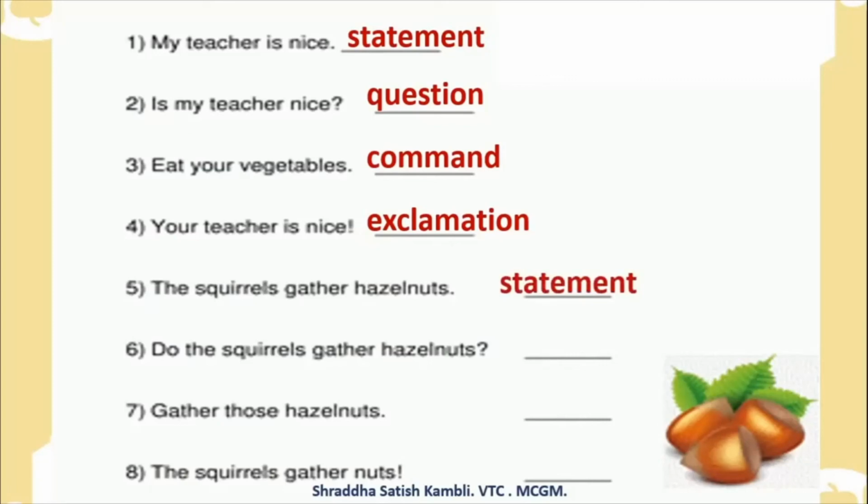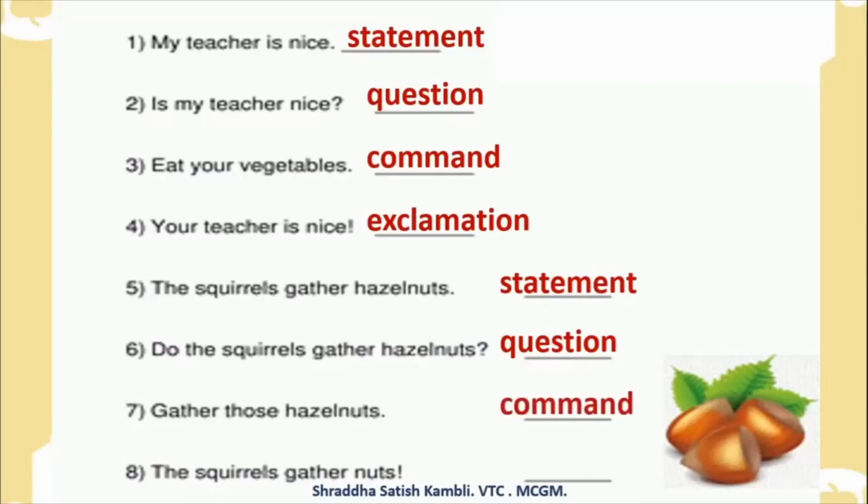Do the squirrels gather hazelnuts? Is a question. Why? Because there is a question mark towards the end, and also it is asking for some information. Gather those hazelnuts. Someone is asking someone else to gather those hazelnuts. So it is a command.